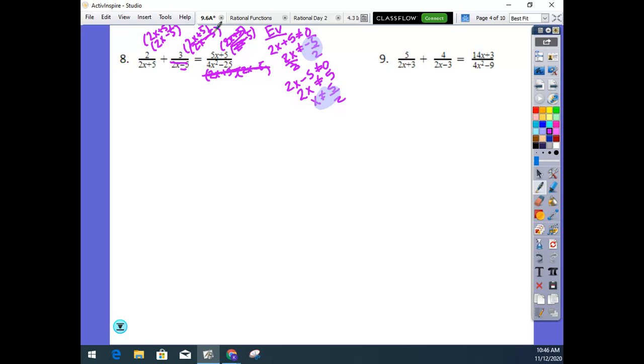The minus 5's cancel here. The plus 5 cancels here. What are we left with? 2 times 2x minus 5 plus 3 times 2x plus 5 equals, the only thing left here is 5x plus 5. All right, so distribute.